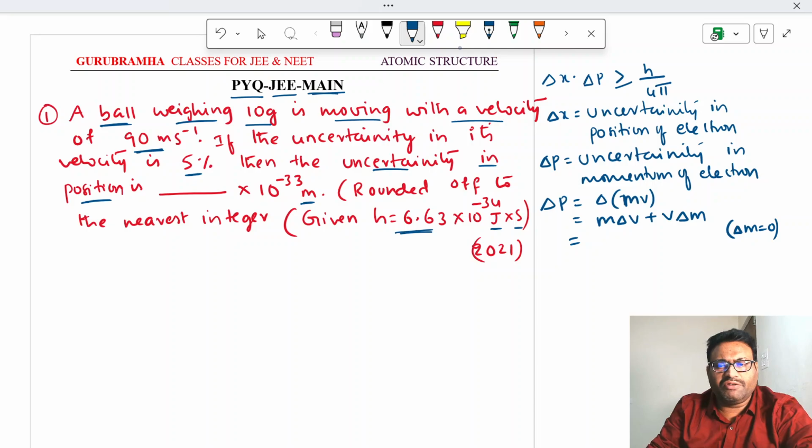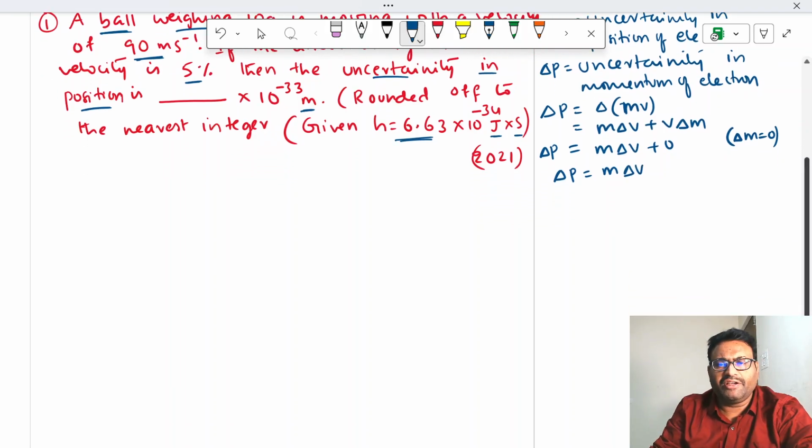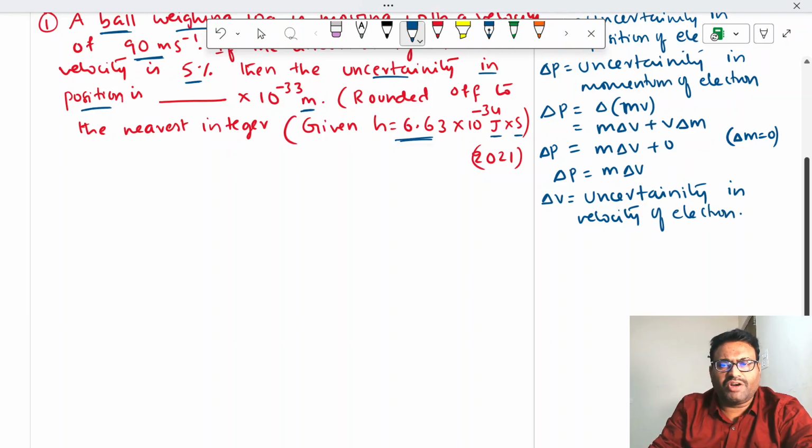If delta m is equal to 0, delta p will be equal to m into delta v plus 0. So delta p can also be written as m into delta v. Then what is delta v? Delta v is equal to uncertainty in velocity of electron.